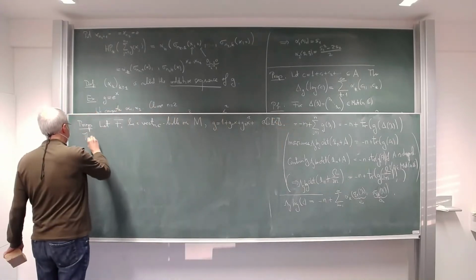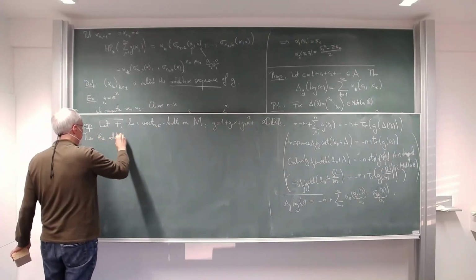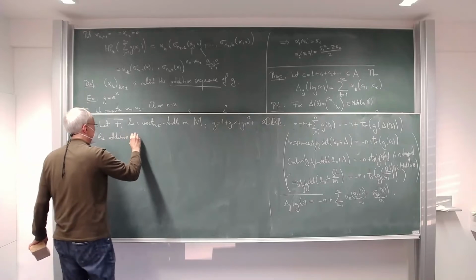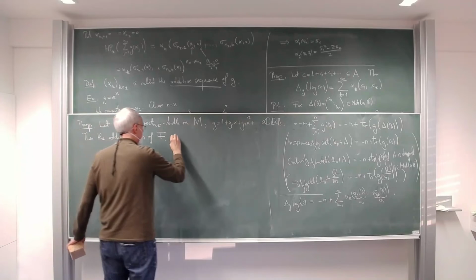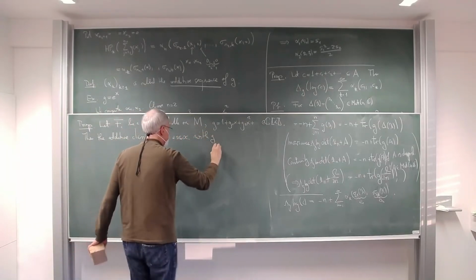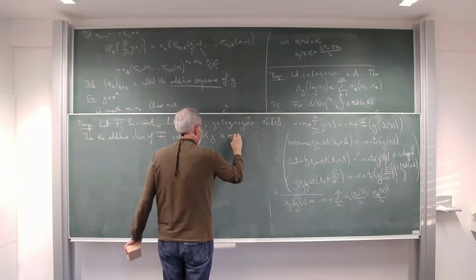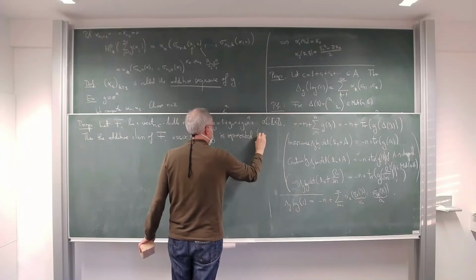Then the additive class of F associated with this power series g is represented by the following differential form.